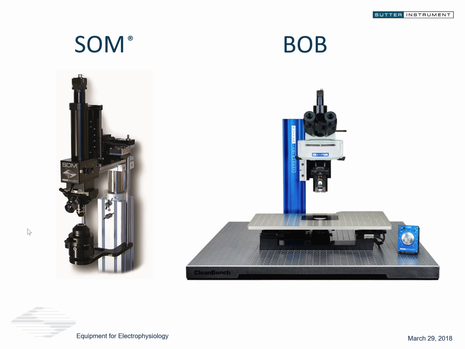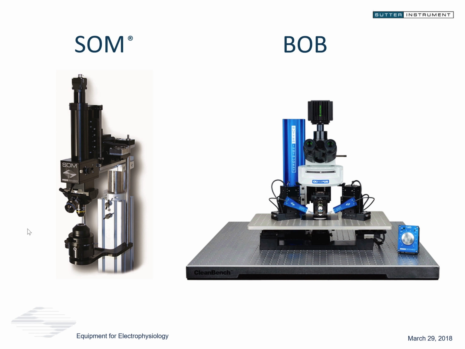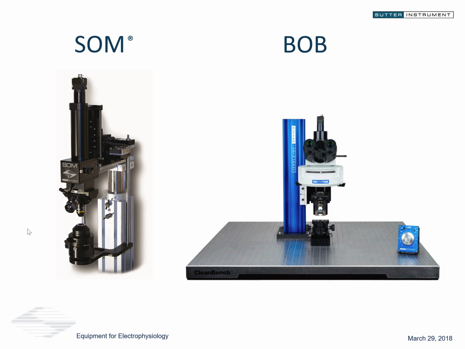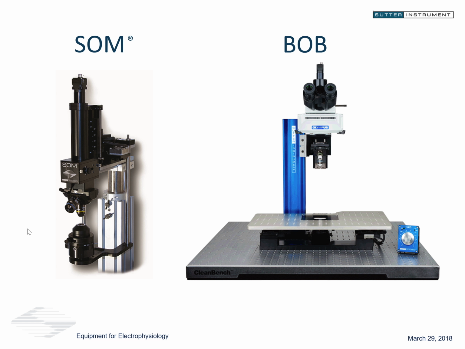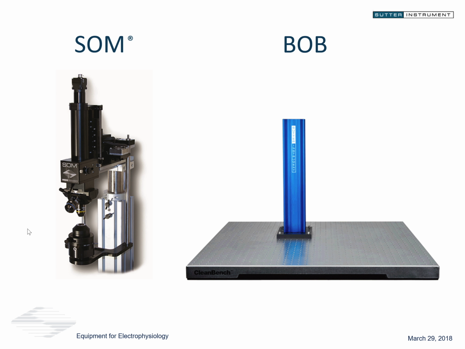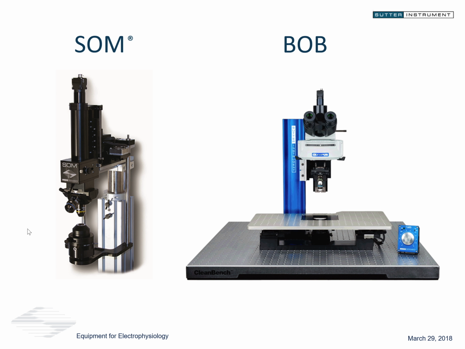If you want to use the same rig to record from both tissue slices, brain slices, or slices from other tissue, and dissociated cells, cultured cells, adherent cells, then you definitely want to use an upright microscope if you don't have the option to use an upright microscope on one rig and an inverted microscope on the other rig.